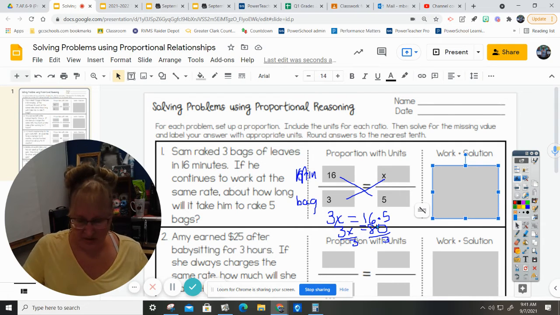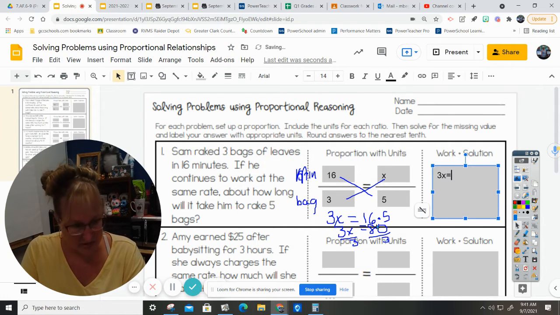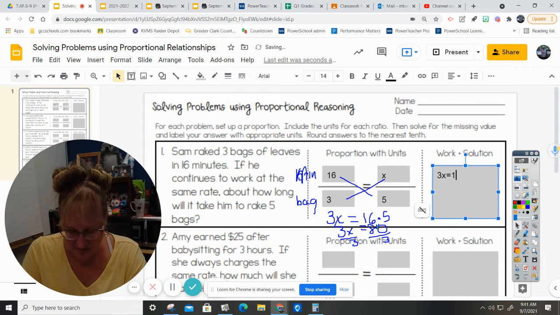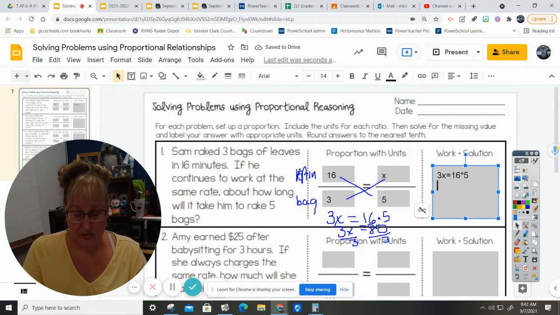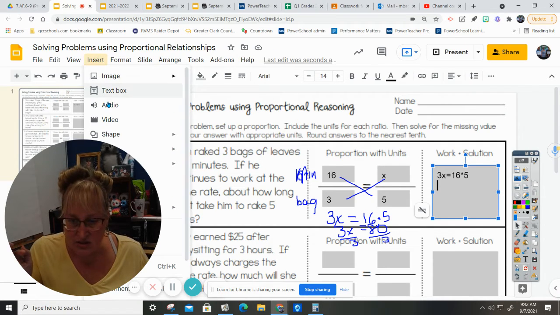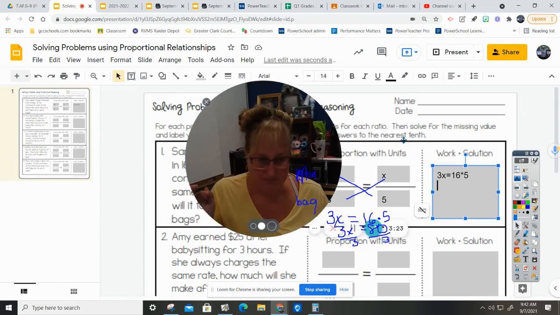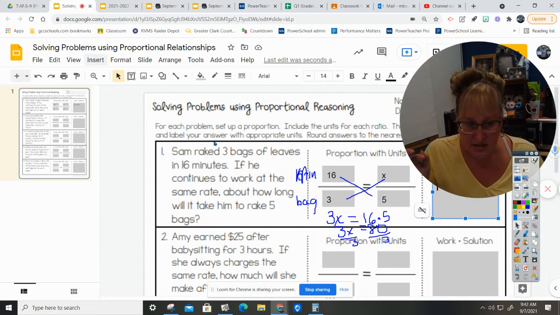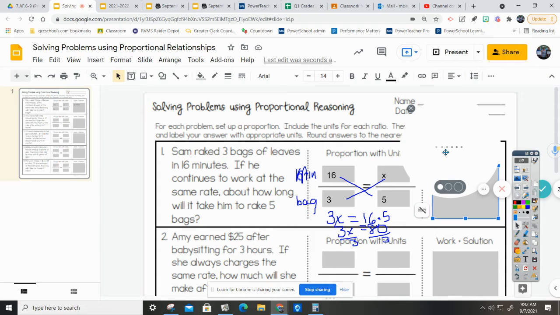The cross multiplication, I would do 3x equals 16 times 5. I press equal. I'm going to divide both sides by 3. To insert a division sign, it's insert, special character.